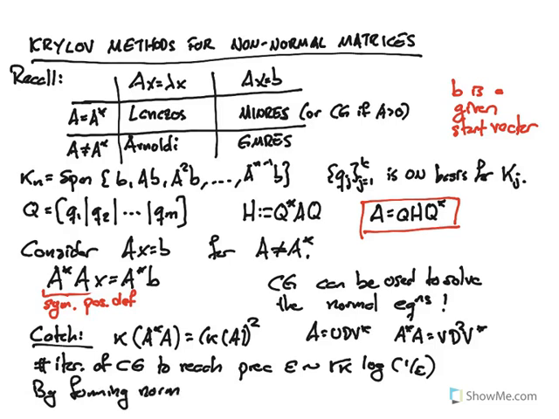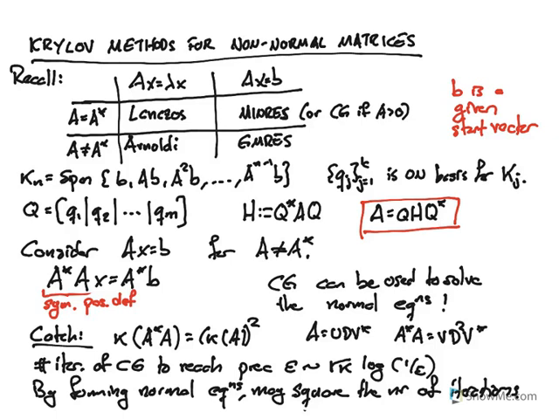By forming normal equations, we may square the number of iterations. And if you think of, say, kappa being 10,000, then for the original, we're talking about 100 iterations versus 10,000 iterations, which is quite a lot.